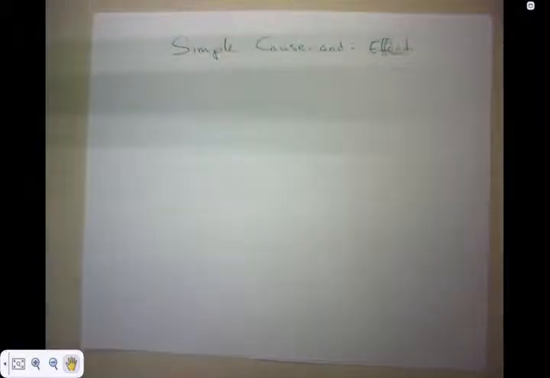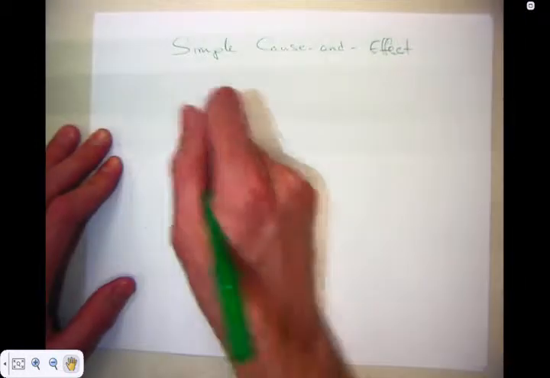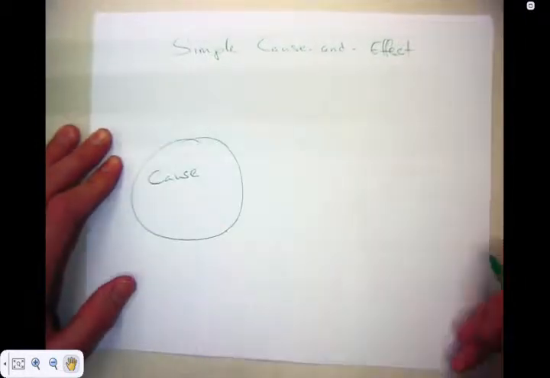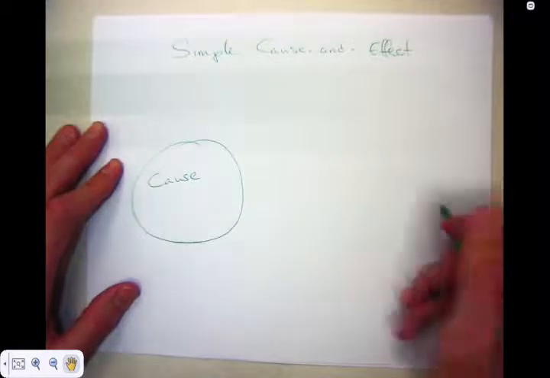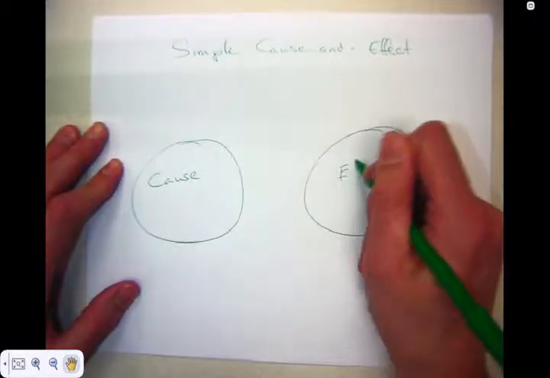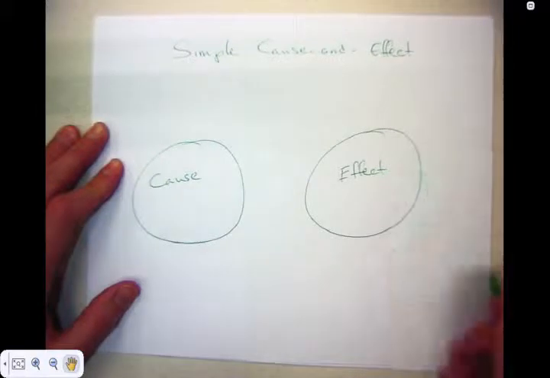Okay, so we're going to start with a very simple cause and effect graphic organizer, and then you're going to see that all the other ones that we do kind of build off this. So we see something happen, cause, and then we see its effect, right?